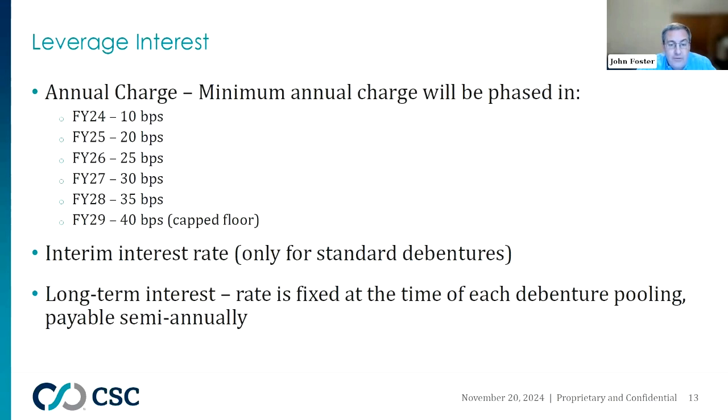But then on those pooling dates, and pooling happens in March and September, the debentures are pooled together, and there is a new interest rate, which will be in effect for the duration of the debentures, 10 years, with interest paid semi-annually. And that is the interest.